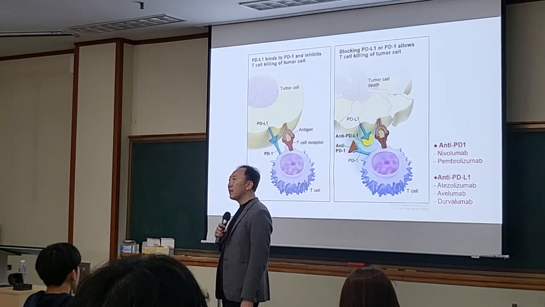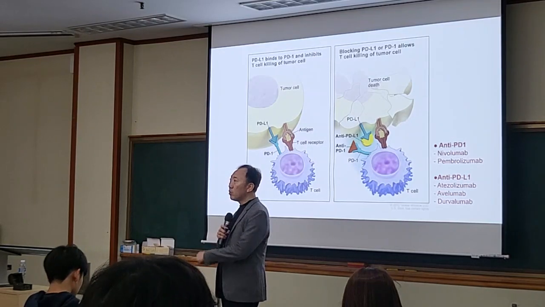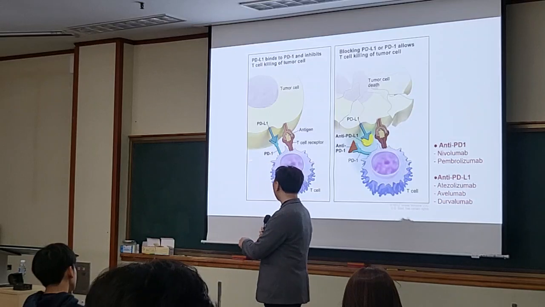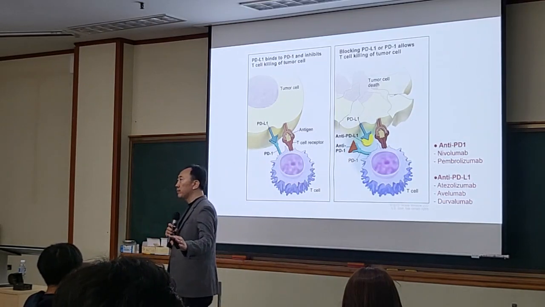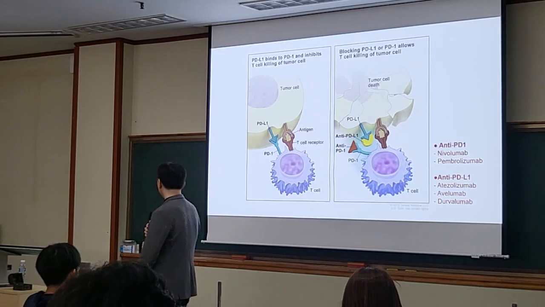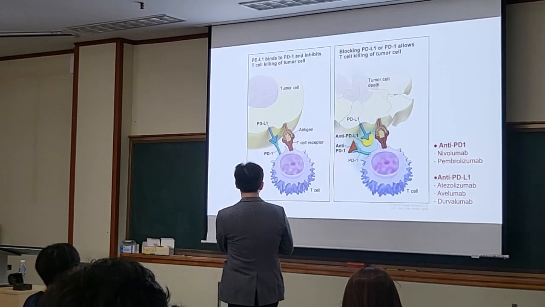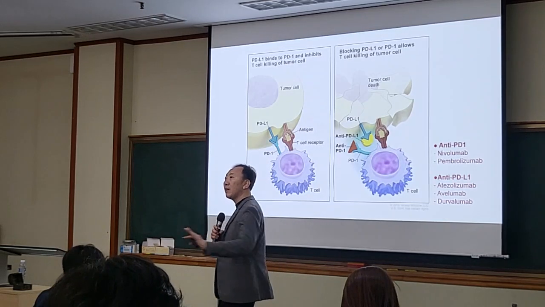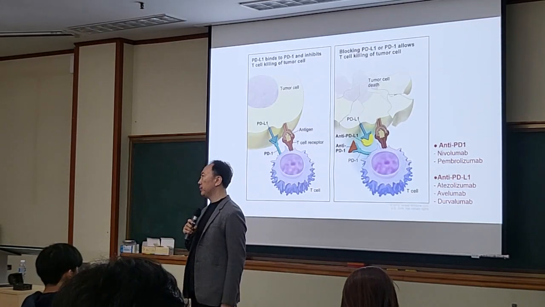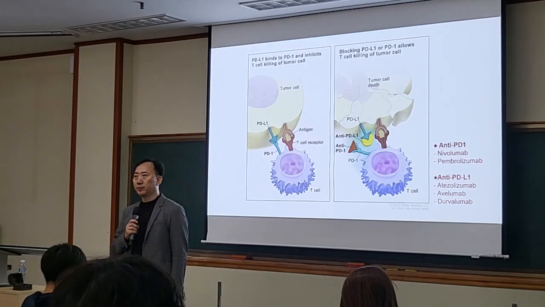If you recognize it, it's a saving signal, right? If I don't recognize it, I kill you. Same situation there. If I recognize it, then you are one of our citizens. I don't kill you. If it is blocked, either blocking the ligand or the receptor, it doesn't matter. Anyway, if they cannot meet, then I kill you. That's a new checkpoint.